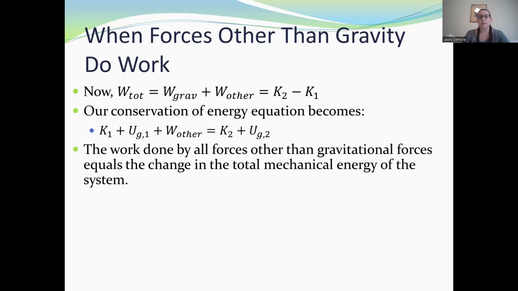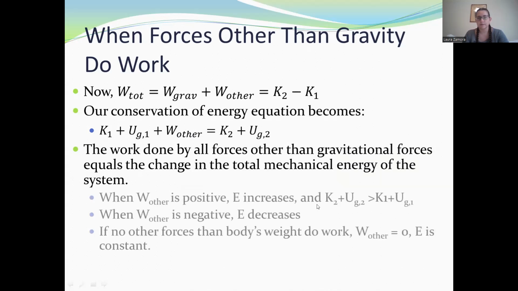So this means that the work done by all of the forces other than gravitational forces is equal to the change in the total mechanical energy of the system. Right, so this initial mechanical energy, remember total mechanical energy was K plus U. So initial mechanical energy plus that work done by other forces equals the final mechanical energy.